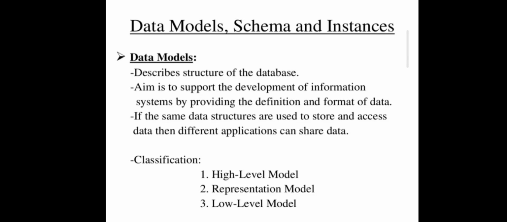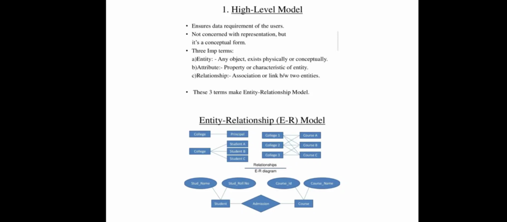Is it clear? Now we will discuss the first level, that is the high level model. It ensures the data requirements of the users, not concerned with representation, but it is the conceptual form. The important terms are entity, attribute, and relationship.